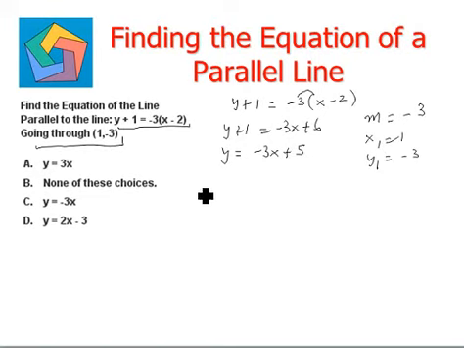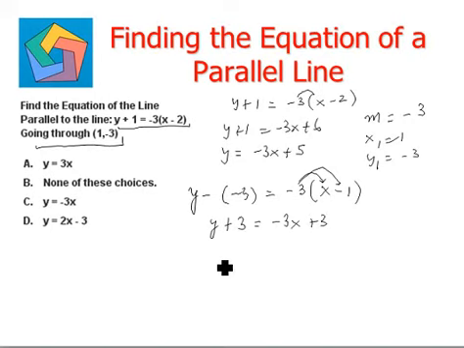So now the equation of the line would be y minus y1. The slope would be negative 3 because when lines are parallel, slopes are equal, times x minus x1. y plus 3 equals negative 3x plus 3. So now we move this 3 to the right hand side.